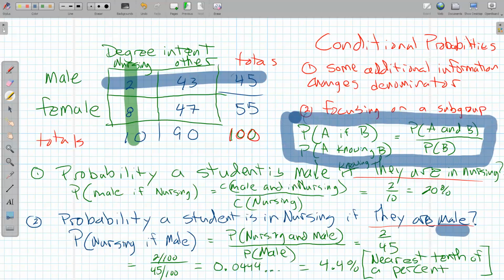There are several reasons I think conditional probabilities are important. One, when we see these probabilities in news media, it's often a conditional probability. It's a probability based on a subgroup, not on the whole population. And two, in certain kinds of testing situations, like testing for COVID, breast cancer, colon cancer, any kind of cancer, there are false positives and false negatives. Those false positive test results and false negative test results are conditional probabilities, and I want to talk about those this week.